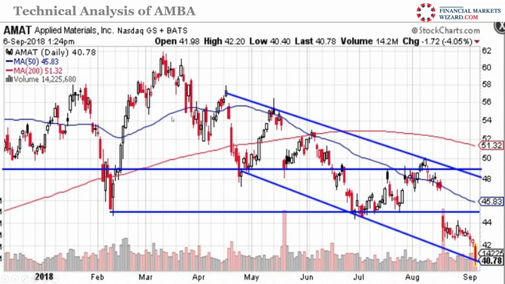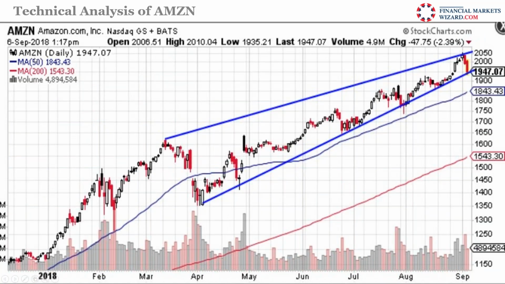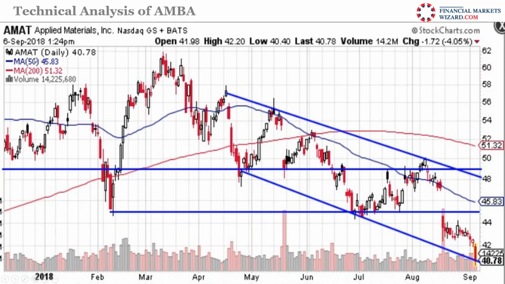Another one I'm stalking is AMAT. I prepared this on the 6th of September. I don't know what happened on the 7th of September. This is a downward sloping trend line. A downward sloping trend line is not as strong as an upward sloping trend line, because in a downward sloping trend line the stock is drifting lower.